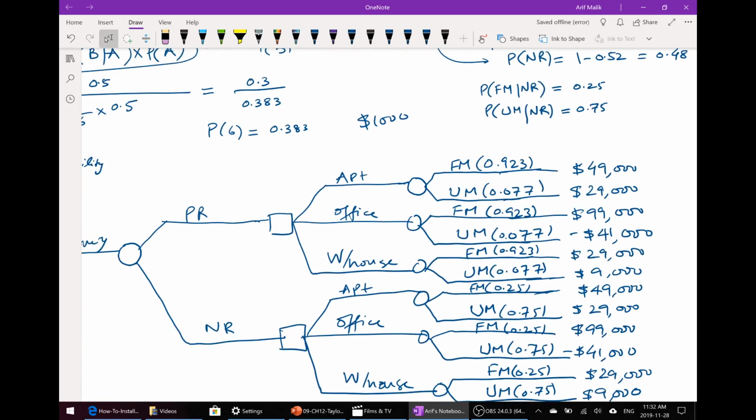What we can do now is work out the expected values, and we can put these expected values on the nodes. So this is 49,000 multiplied by 0.923 plus 29,000 multiplied by 0.077.